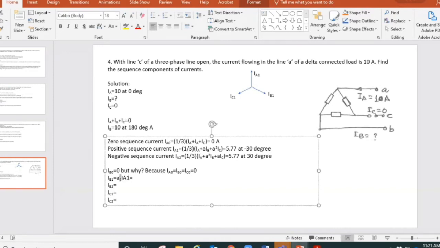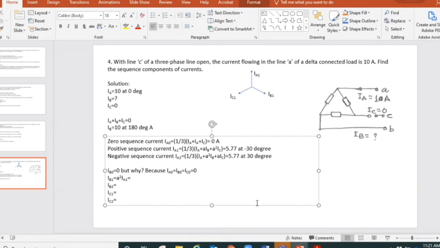You will see how I found the expression for IB1 for positive sequence from the positive sequence phasor diagram. Can you see it? If you forget, don't worry, you can go back here and get the value.